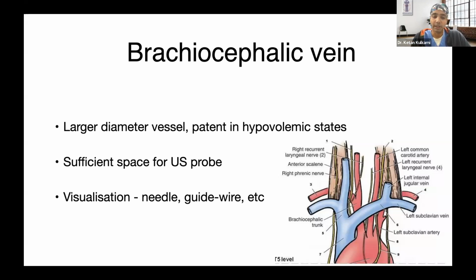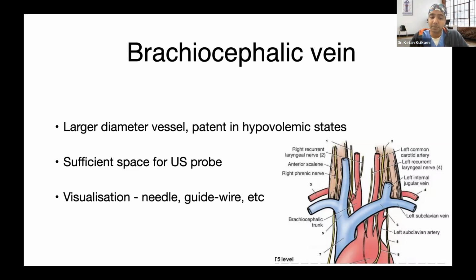What are the advantages? It is a larger diameter vessel because it is formed by the fusion of two relatively large veins. It stays patent even in a hypovolemic state, because I think the clavipectoral fascia is keeping it well inflated. I don't know what the correct word is, but it is keeping it patent.